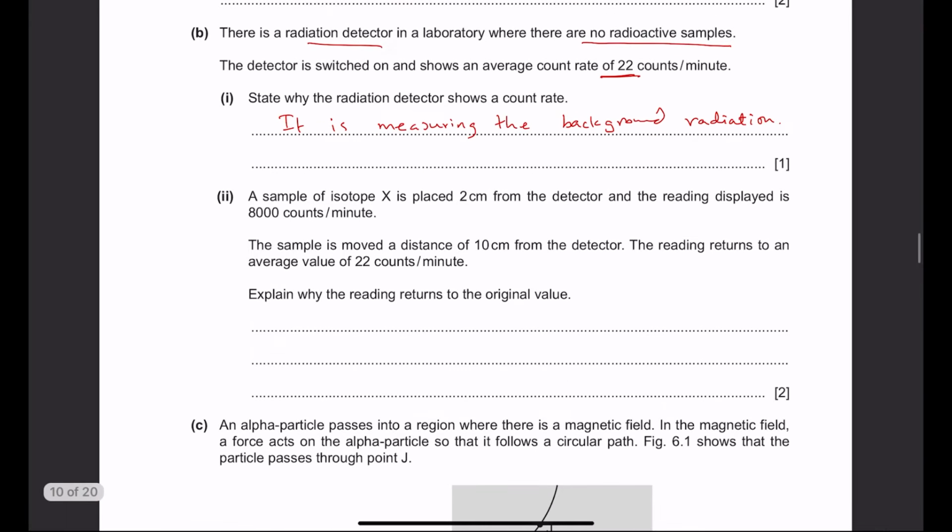Okay, now the sample X is placed 2 centimeters from the detector and the reading now rises to 8000. So definitely the alpha particles from the sample are being detected by the detector. However, when it's moved a distance 10 centimeters away from the source, the count rate reduces to the background reading again.